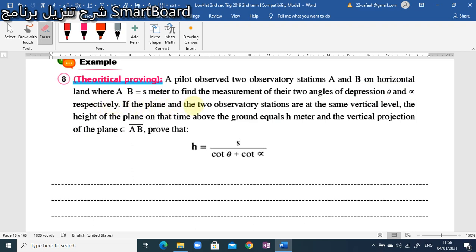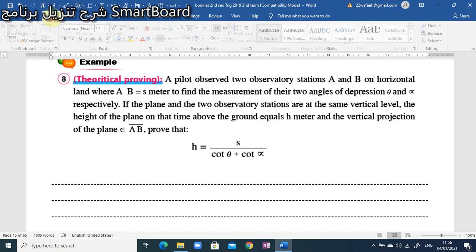If the plane and the two observatory stations are at the same vertical level, the height of the plane at that time above the ground equals h meter and the vertical projection of the plane belonging to AB. Prove that h equals S over cotan theta plus cotan alpha.